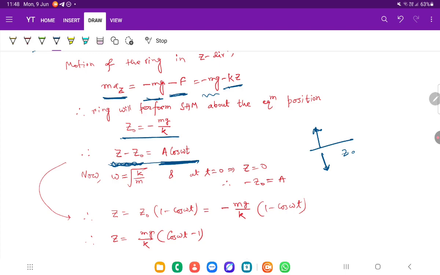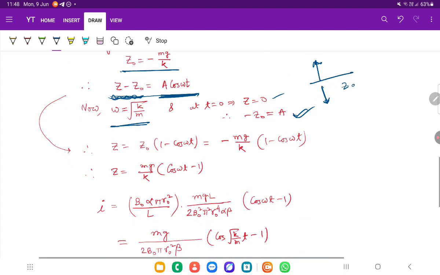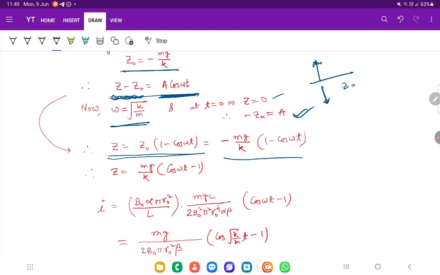A is the amplitude and omega is obviously the angular frequency, and omega is root under k upon m, we can conclude from here. And at time equals 0, z was also 0, it was given. So using that equation, we will find out the A value. A is minus z naught. Now substituting all the values, we will get z as a function of time. This one. So that's our z.